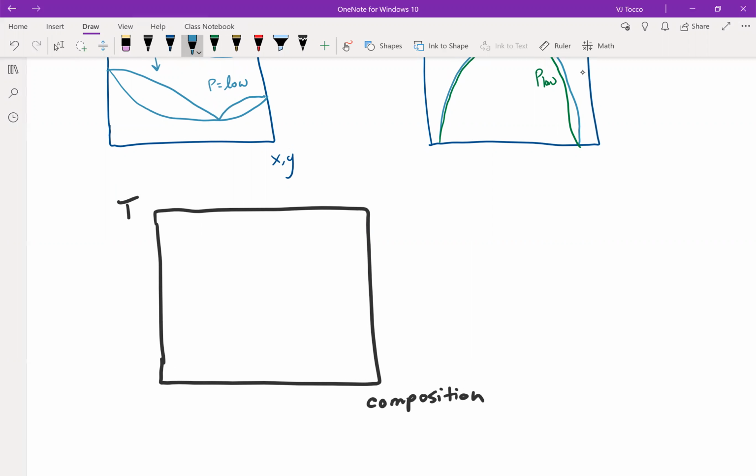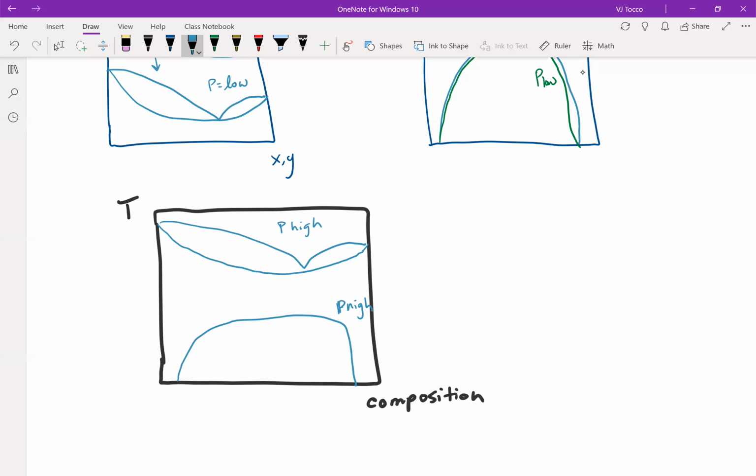Once again, if I have a TXY plot, this will be for a high pressure. As I keep decreasing the pressure, this envelope is going to move downwards. I've got the liquid-liquid curve like so. These are for P high.